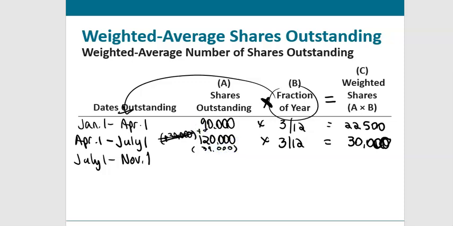So we added 30,000 here. 120,000 minus the 39,000, we have 81,000 shares outstanding for July, August, September, and October, 4/12. And that works out to be 27,000.